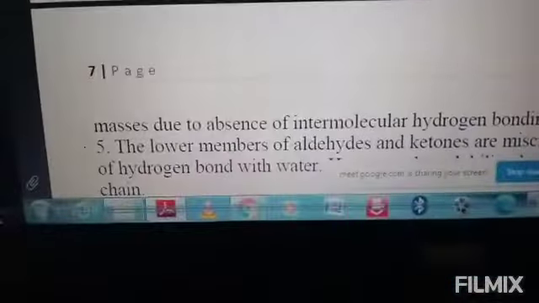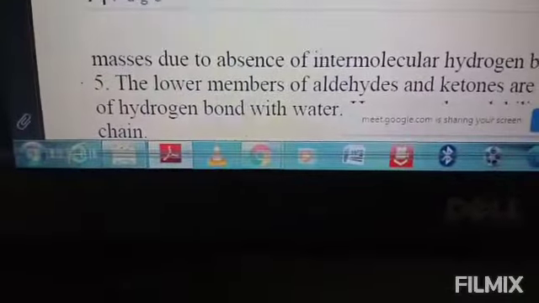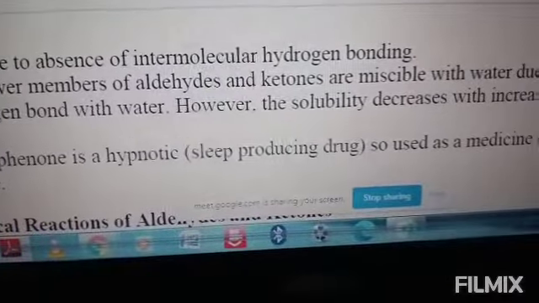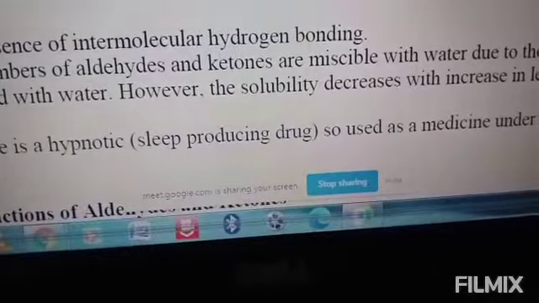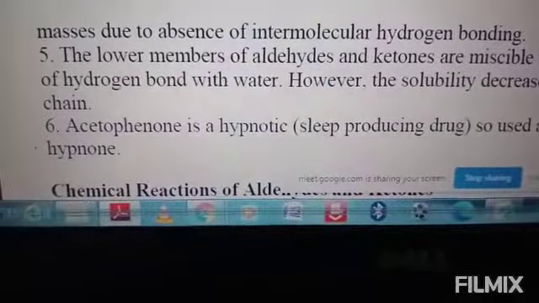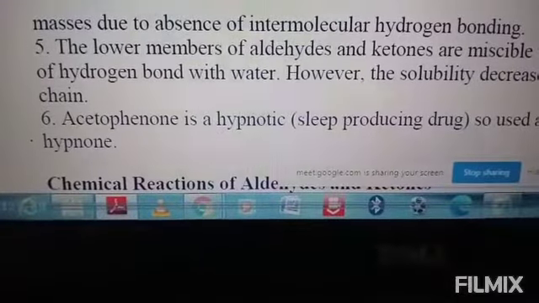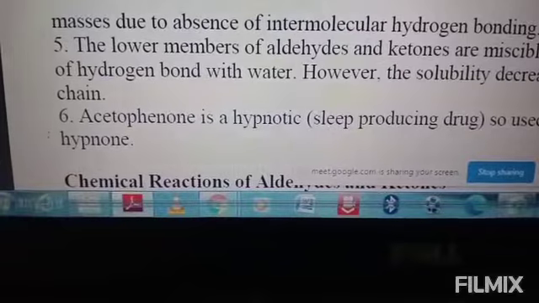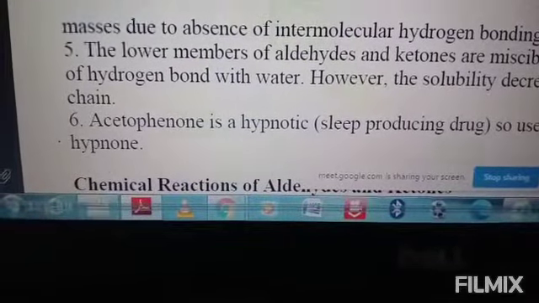Now in the fifth point, we have the lower members of aldehydes and ketones. The lower members of aldehydes and ketones are miscible with water due to the formation of hydrogen bonding with water. That means when lower members are added in water, they can easily form hydrogen bonding.